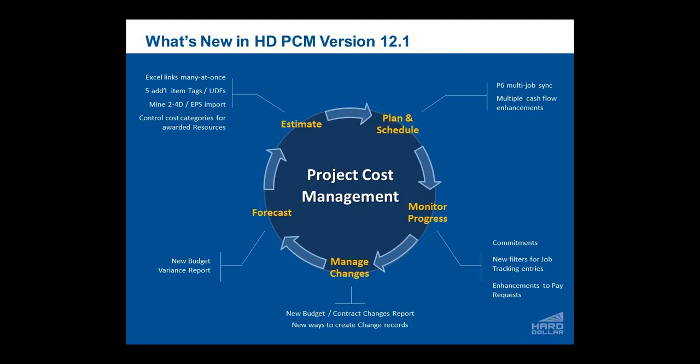And then taking those lessons learned and creating benchmarks and history that we can use the next time we get into the estimate. That whole circle is what we call project cost management. As we go forward, we're investing in all of these areas around that circle, so you can see in this version 12.1 release, there are new enhancements in all of those areas.